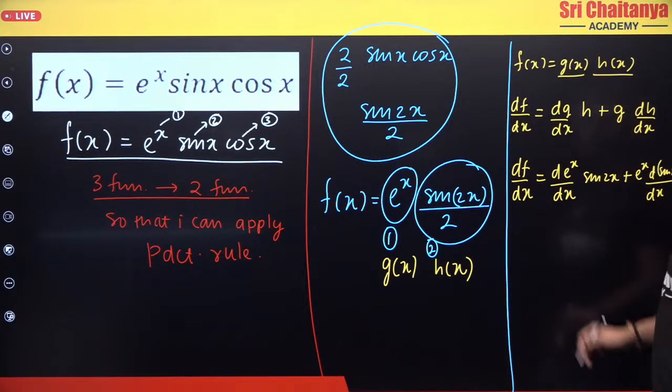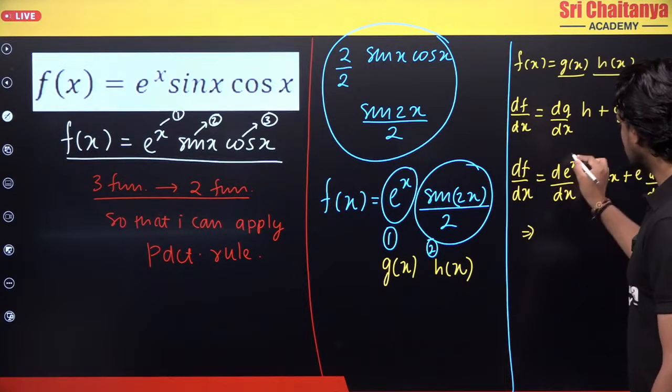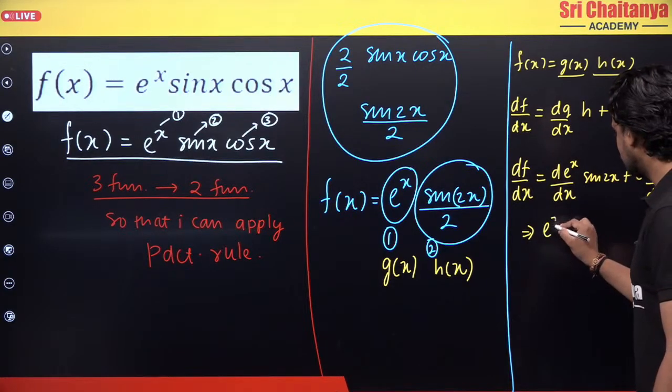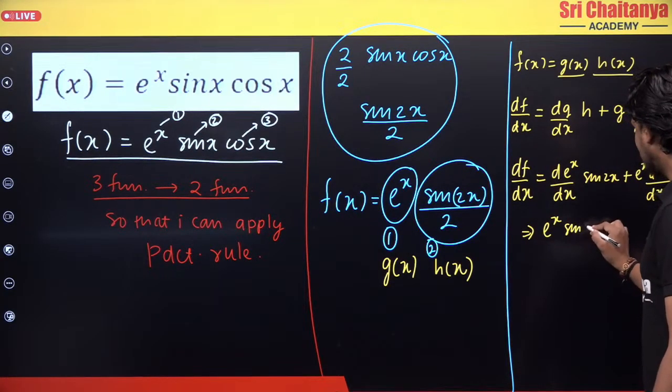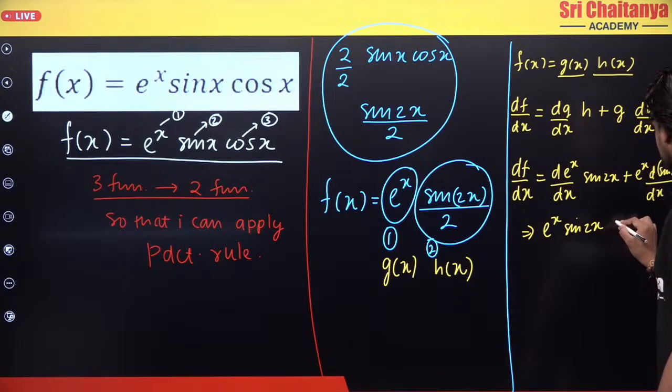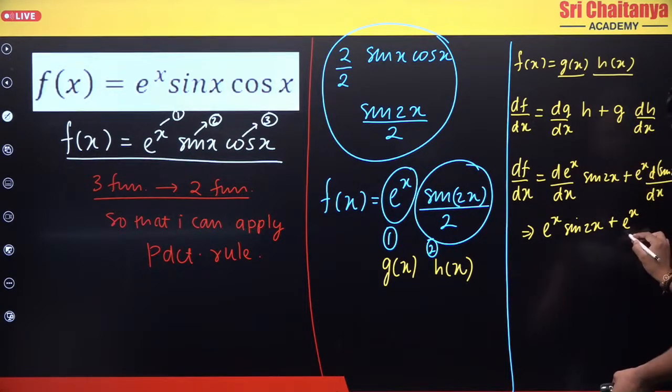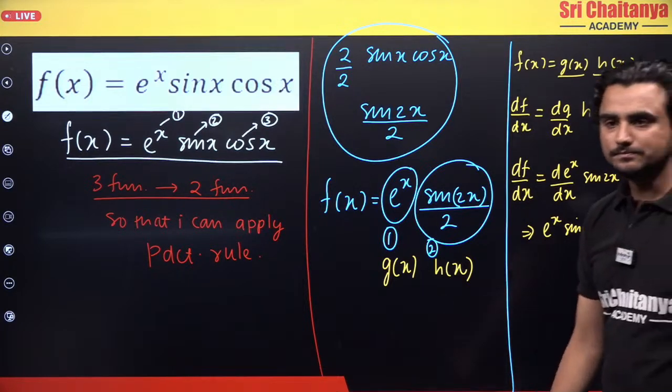So what is the differentiation of e^x? The differentiation of e^x with respect to x is e^x, and I will keep this sin 2x as it is, plus now this e^x is this, and what is the differentiation of sin 2x? So sin 2x differentiates to cos 2x. But now there is a problem.